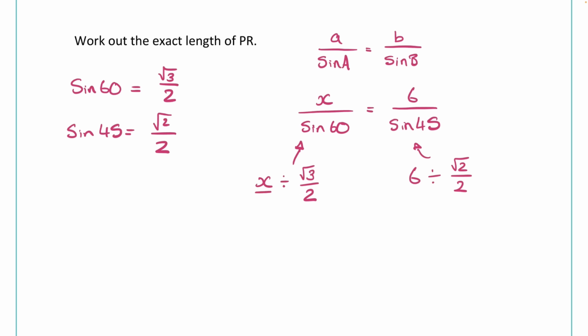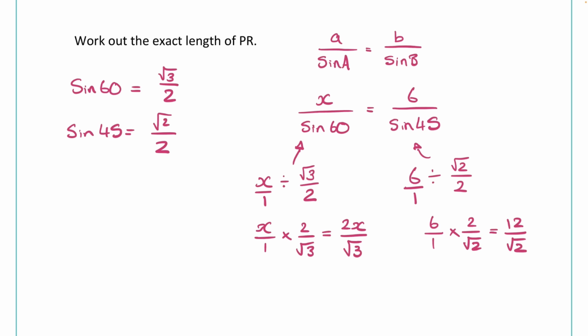We'll have it as x over 1 and 6 over 1, and we'll just multiply by the reciprocal. So we will do x over 1 times 2 over root 3, and that gives us 2x over root 3. And that's the first bit on the left. On the right, we have 6 over 1 times 2 over root 2, which is 12 over root 2.